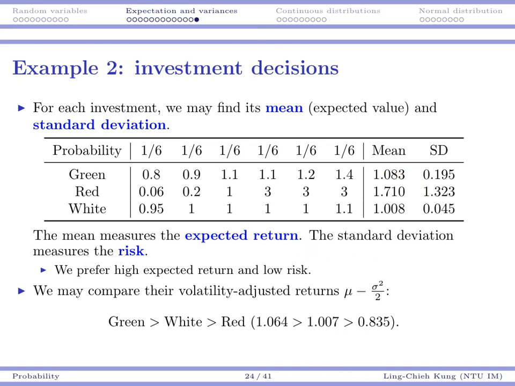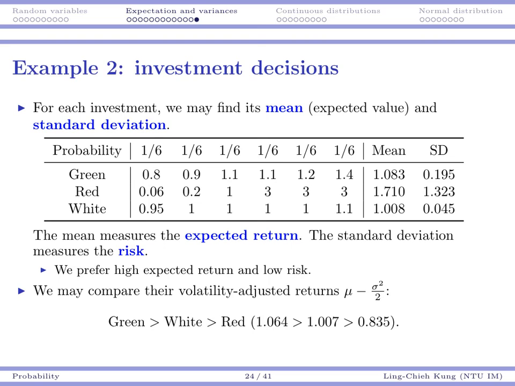But the standard deviation also measures the risk or the uncertainty, and obviously most people prefer the uncertainty to be small. Or sometimes we prefer a risky project, but the necessary condition is that its expected return must be high. Otherwise, there is no reason to prefer a risky investment.